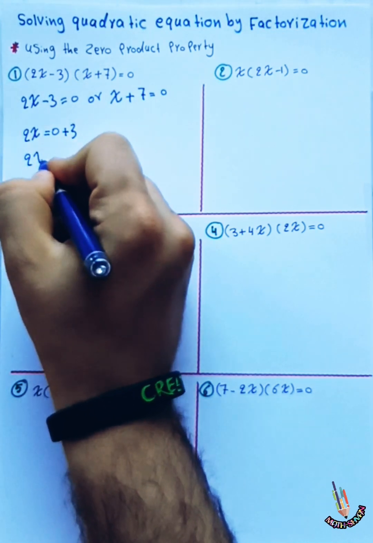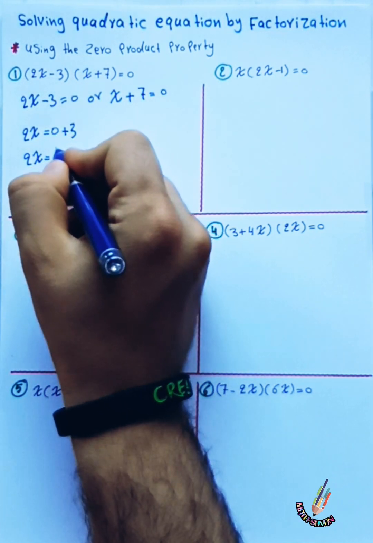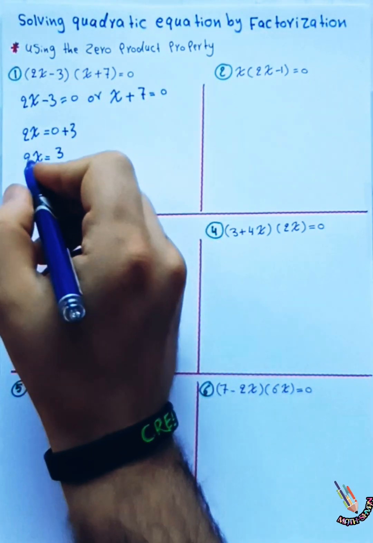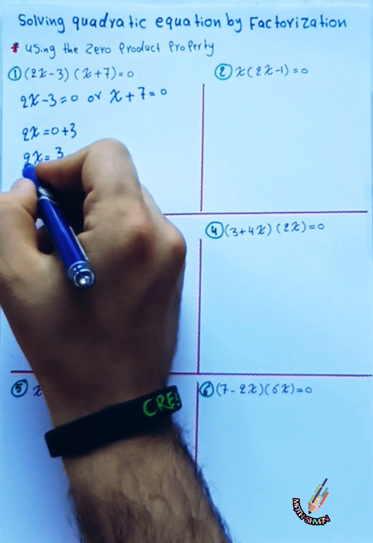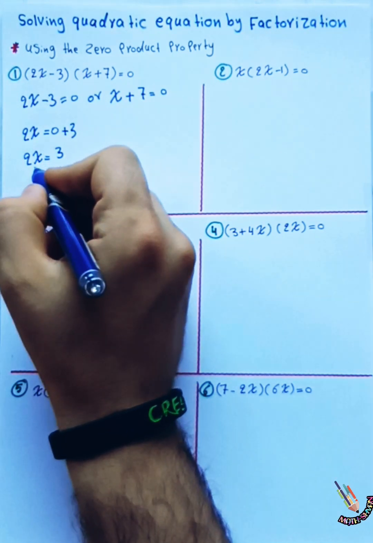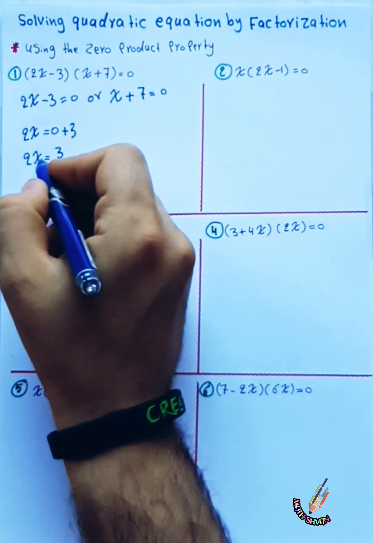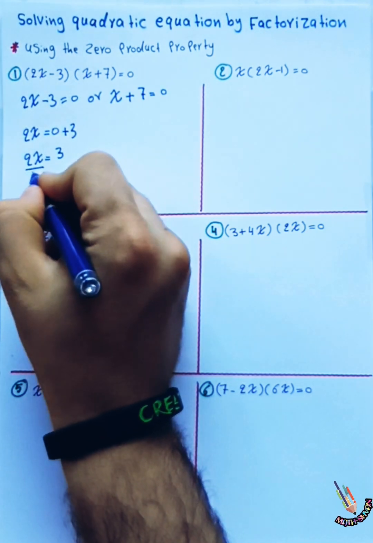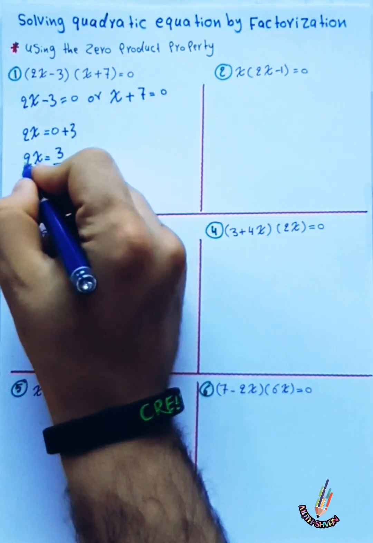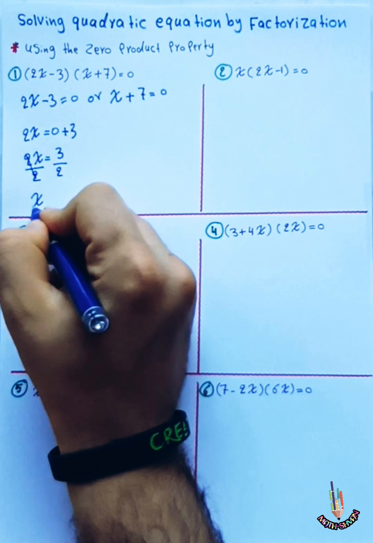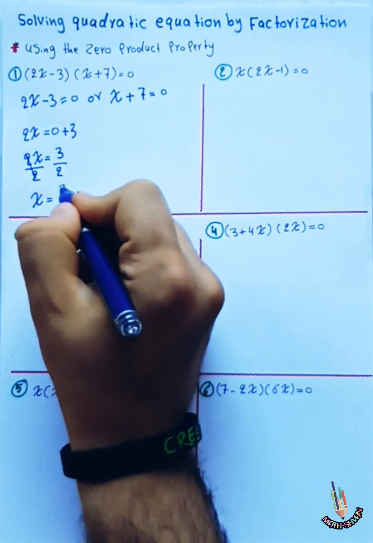After that, 2x equal to 0 plus 3 equal to 3. And then to get rid of this 2, we have to divide both sides by 2 to make the x stay alone. So the value for x equal to 3 out of 2.